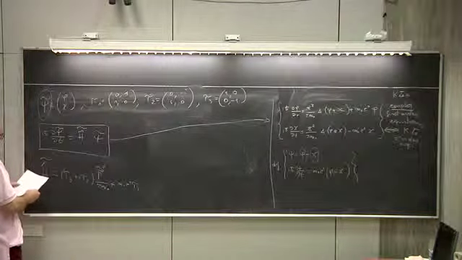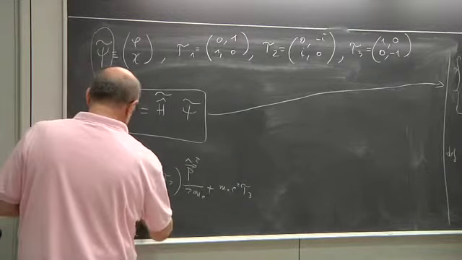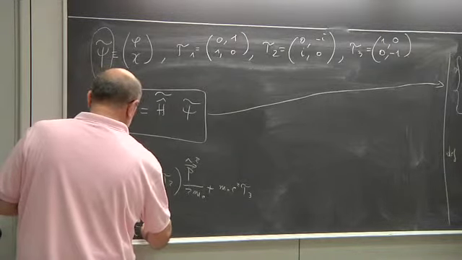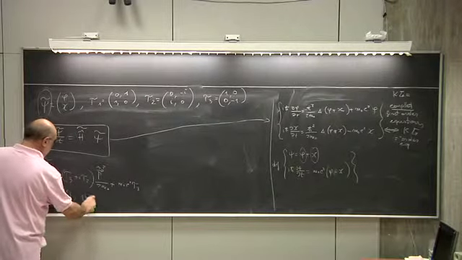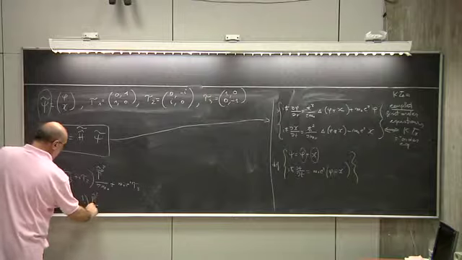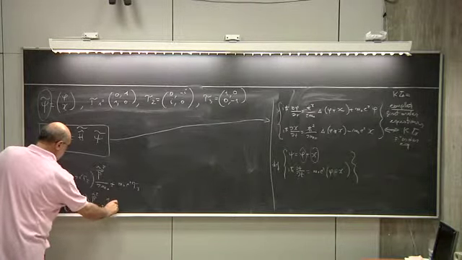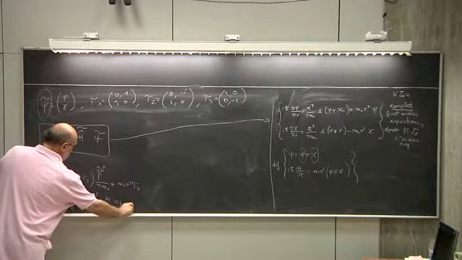Okay, and if you want to write these in components, it is the matrix (1, 1; minus 1, minus 1). This is an operator in wave function space, plus (1, 0; 0, minus 1) m0 c squared.